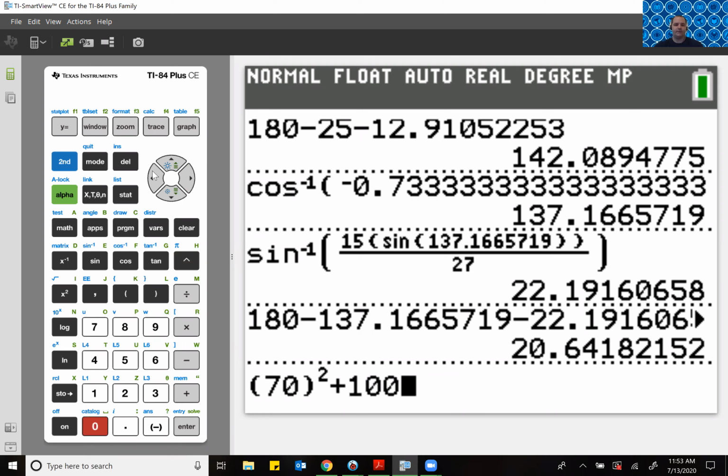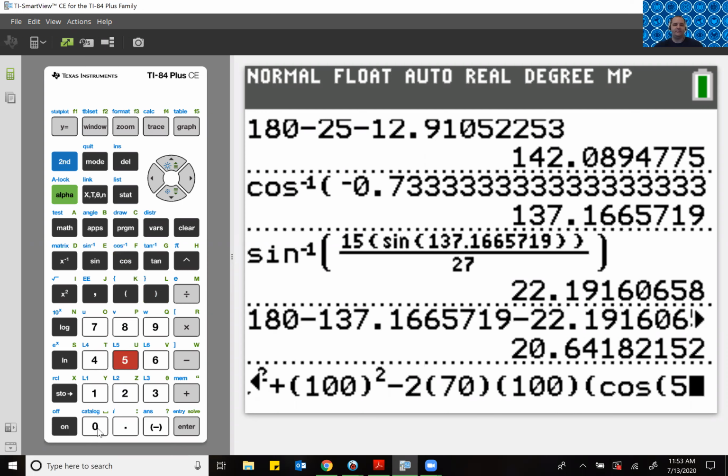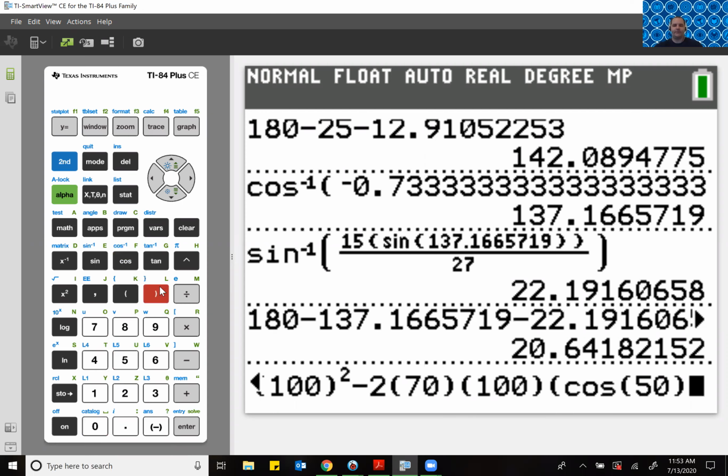Oops, I had to put parentheses. 100 squared minus 2 times 70 times 100 times cosine 50. And close up.